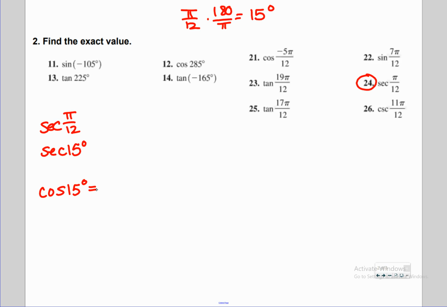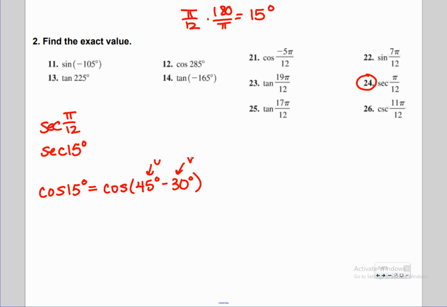If you can use the sum and difference, find two angles that add or subtract to get to your given angle, that's what we want to go with. So can you find two angles on your unit circle that add or subtract to 15? You could do 45 minus 30. So that's our U and our V. Okay, so on your identity sheet, which again, you'll have all these formulas, you just need to know how to use them.